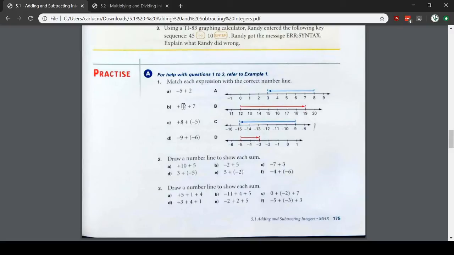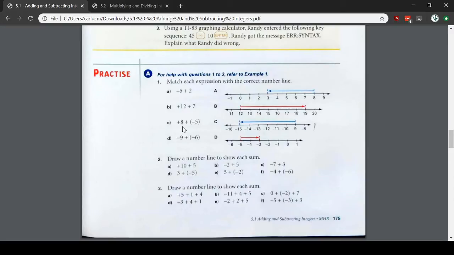In B, you have +12, so we start at +12, which matches up with number line B. You start at +12 and move to the right 7, 12 plus 7.